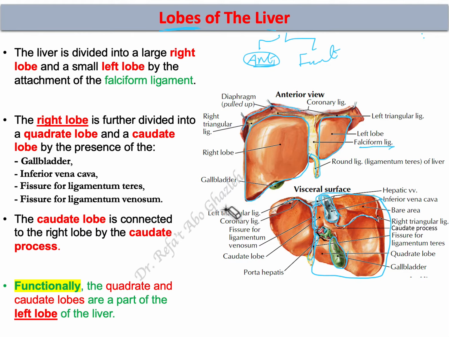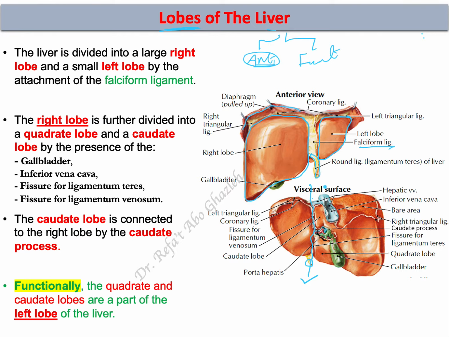Let me first erase these things. Okay, so this is the round ligament, and we know that the falciform ligament divides the liver anatomically into right lobe and left lobe. Now, if you draw a line through the fossa, this is indeed called the right fissure.